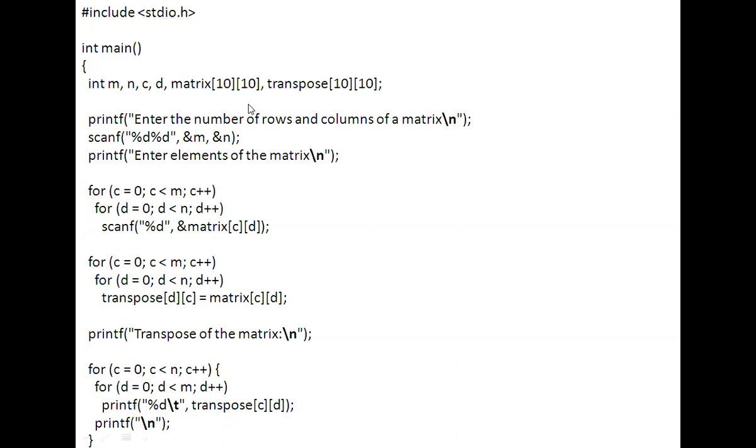Okay, see here, we are taking a for loop where c equal to 0.